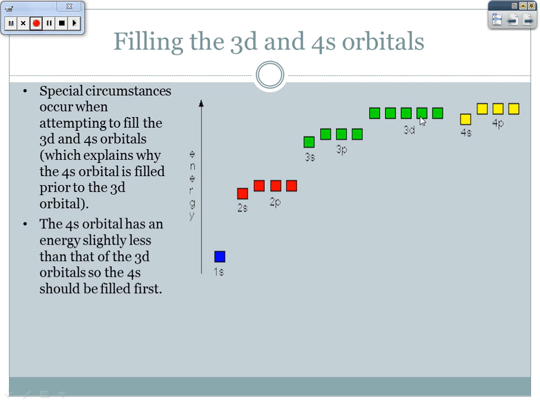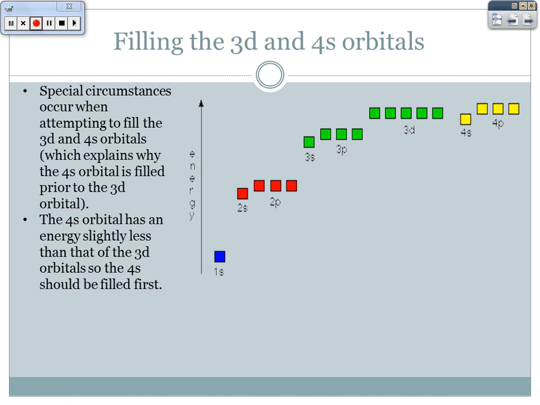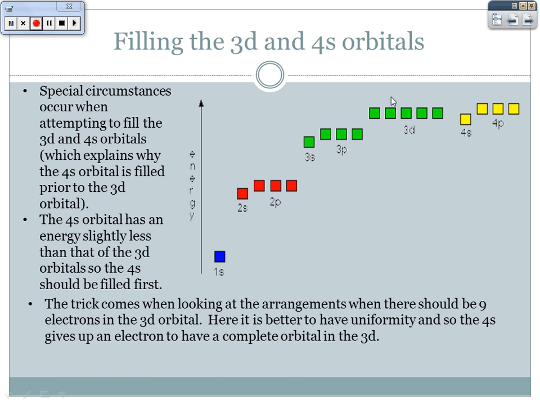But occasionally, if there should be 9 electrons or 4 electrons in the 3d level, the 4s sometimes actually gives up an electron because it was filled first, so that you can have either a fully filled or a partially filled 3d orbital.